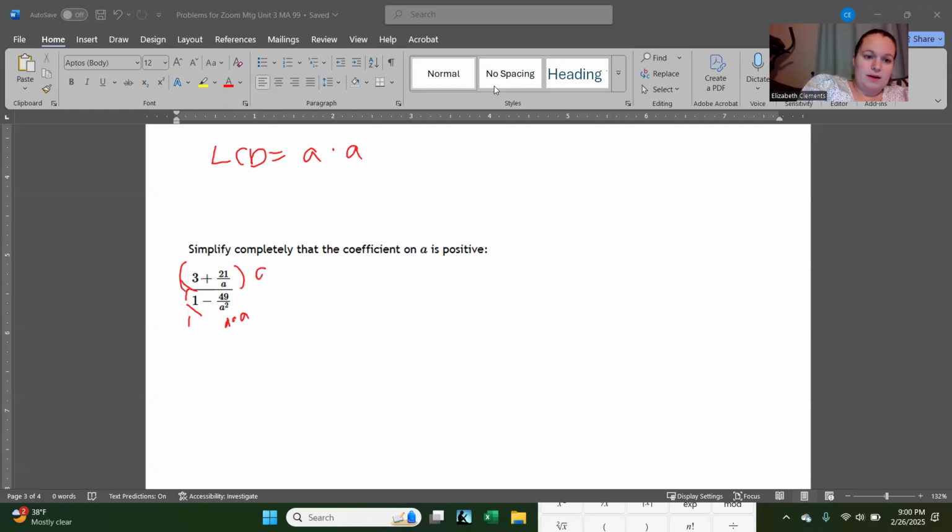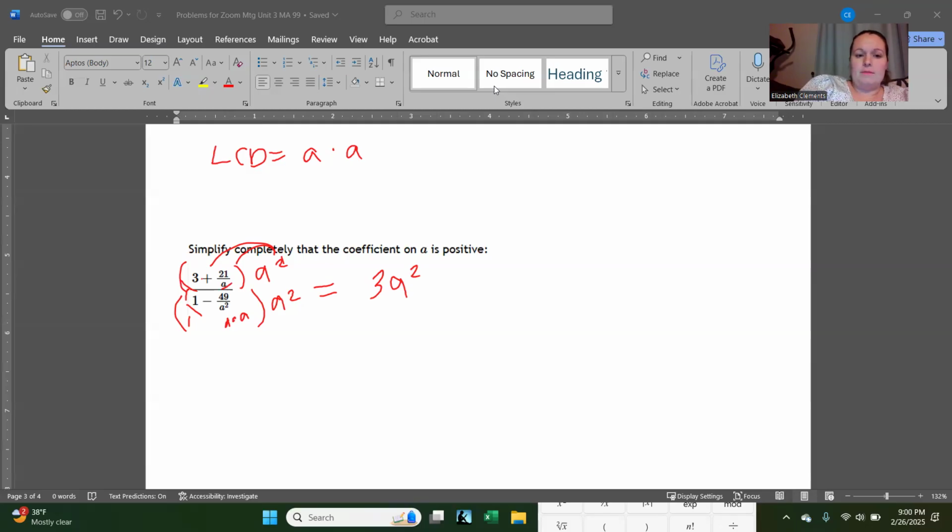So I'm going to do the same thing. I'm going to multiply this by a squared and this by a squared. And I might skip this step here to show you. So when I multiply these in, 3 times a squared, we have 3a squared. 21 times a squared, but that a is going to cross off with one of these a's.